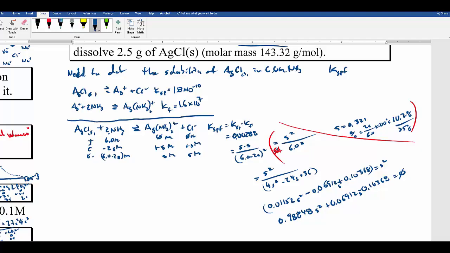All right, I'm going to use my calculator to solve this. So I'm going to go to mode on my calculator, equation, and then I'm going to choose the quadratic equation, which is option 3 for me. And then A, I'm going to plug in 0.98848.